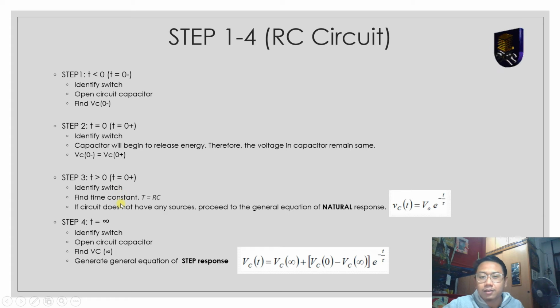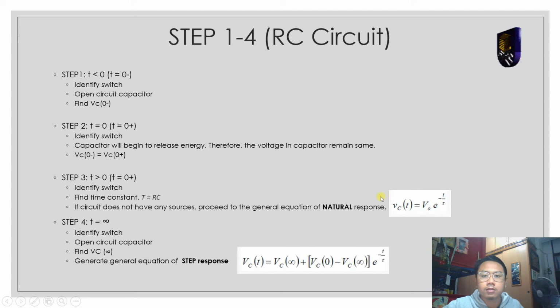First, we need to identify the switch and then find the time constant. And then in this part, if the circuit does not have any source, either voltage or current, just proceed to the general equation of natural response, which is the equation of VC(t) when there is no source at step 3.